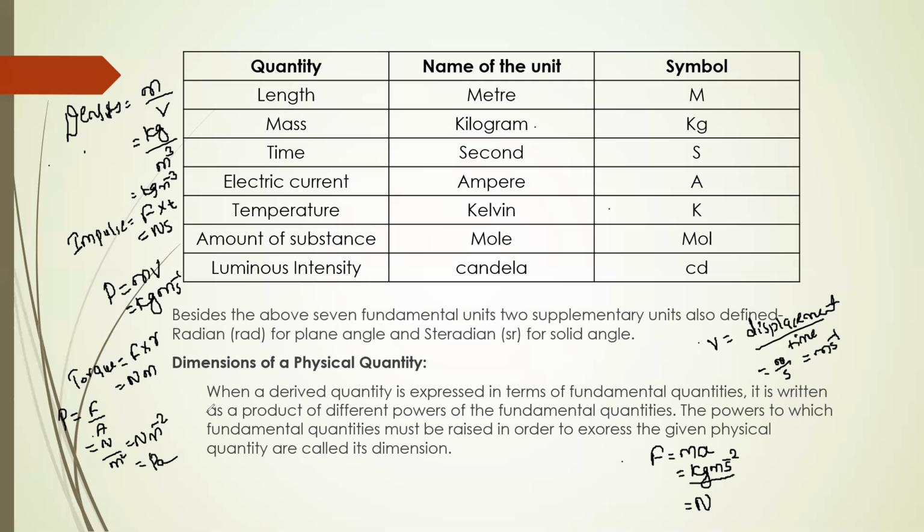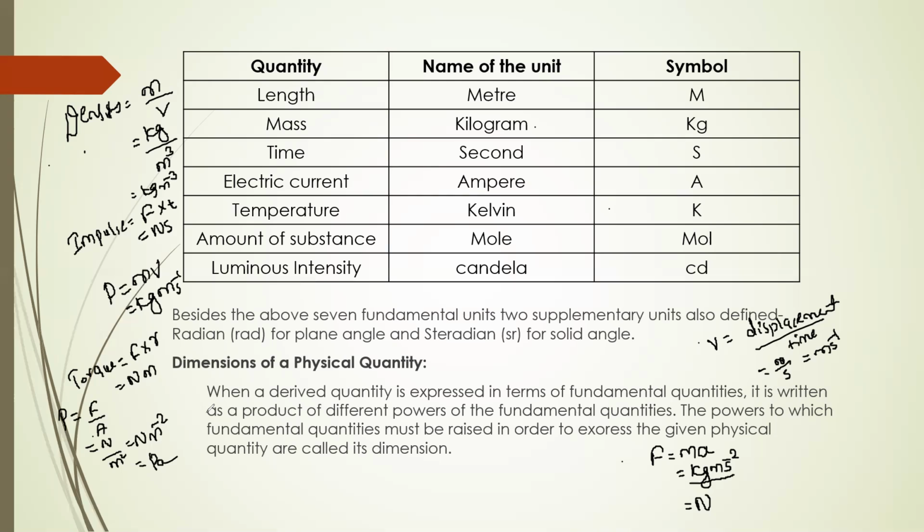Like this, we can write the unit of any other physical quantity. Only thing is, we should know the formulas here. By knowing the formulas, we can write the unit of any physical quantity. Is it clear, students? See here, one more point you need to remember.